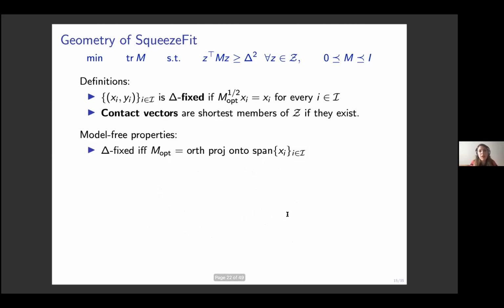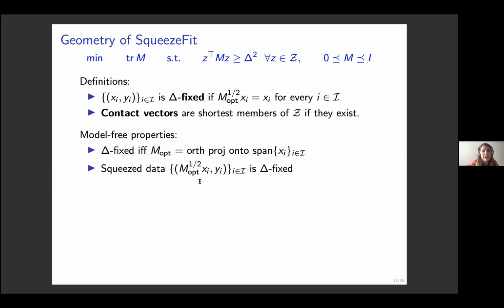So we can prove that, well, it's easy to see that a set is fixed by SqueezeFit if and only if the solution of SqueezeFit is the orthogonal projection onto the span of the data.